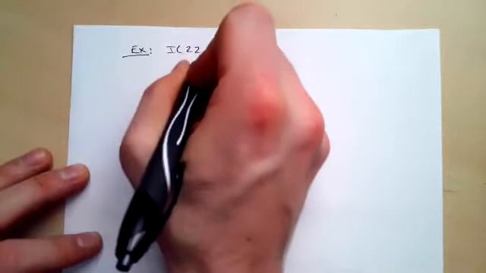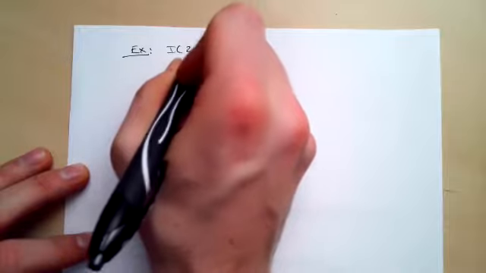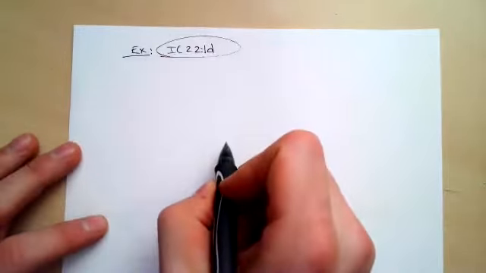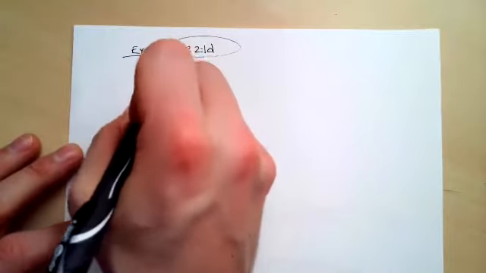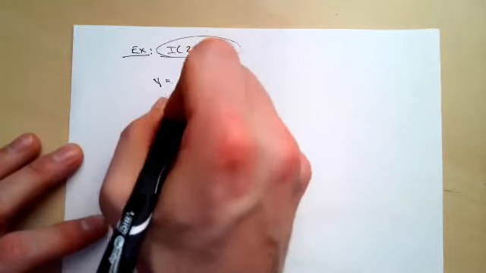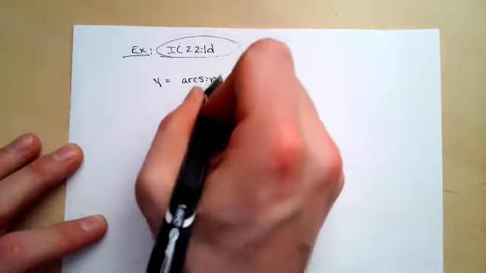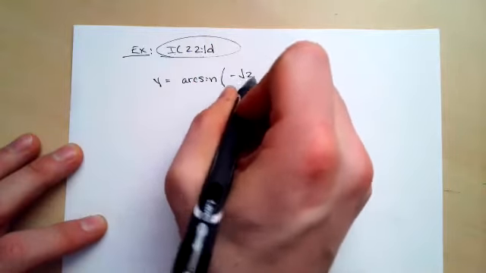Let me pull up the in-class activities. So I see 22. Let's take a look at 1D. We want to simplify y equals arc sine of negative square root of 2 over 2.